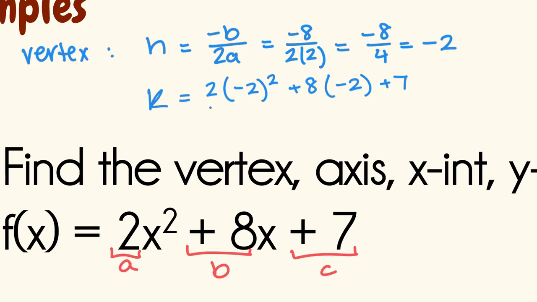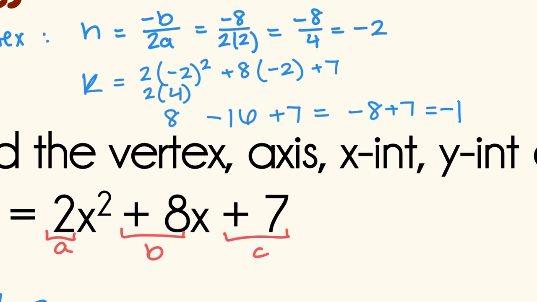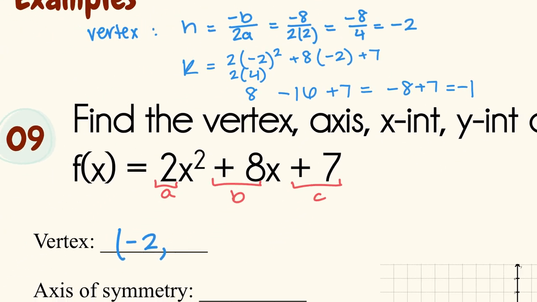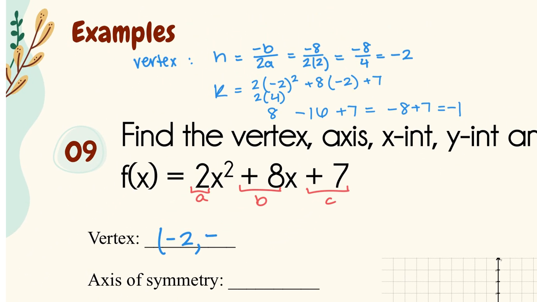I'm going to end up with 2 times 4, which is going to give me 8. 8 times negative 2 is negative 16 plus 7. I'm going to end up with negative 8 plus 7, which gives me negative 1. So that means my y value for my vertex is going to be negative 1.